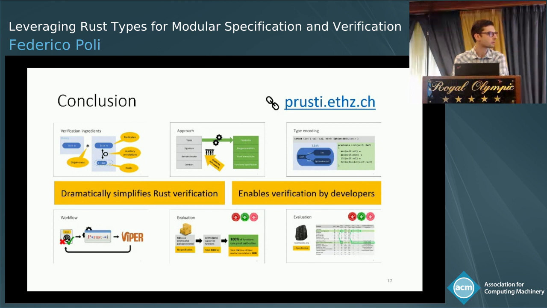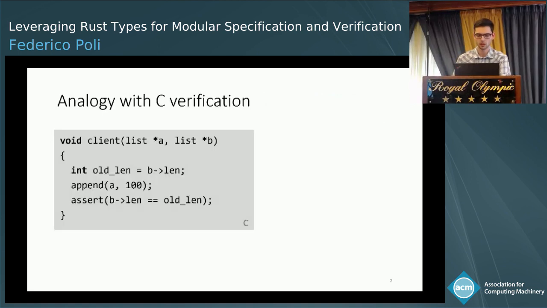And in our core proof, we check that what is automatically generated is actually correct, meaning that, for example, if the Rust compiler allows a program in which, at the end of a function, A and B, the first example that we saw, no longer share some memory location, then that will be an error. So we check the core proof in order to check that our encoding is correct.